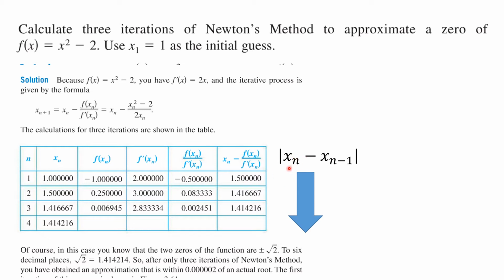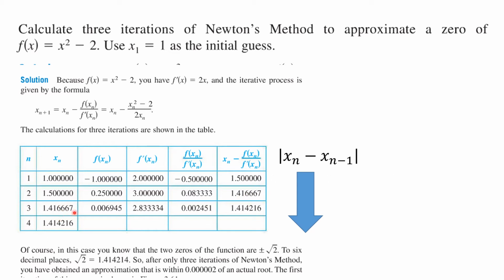And one of the things that is not shown in this table, but it's not a bad idea, is to keep monitoring this difference, and this is going to tell you when you can stop. So now this value here is the one that we called x2. And so now we're going to do all of those substitutions again, and this is x3.